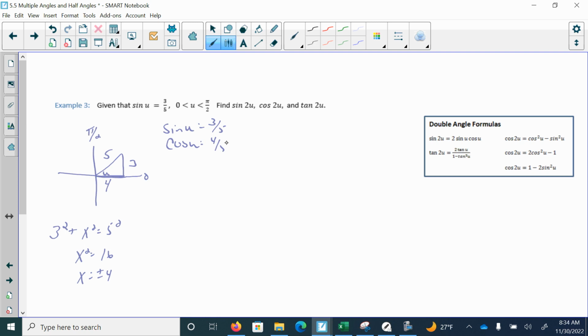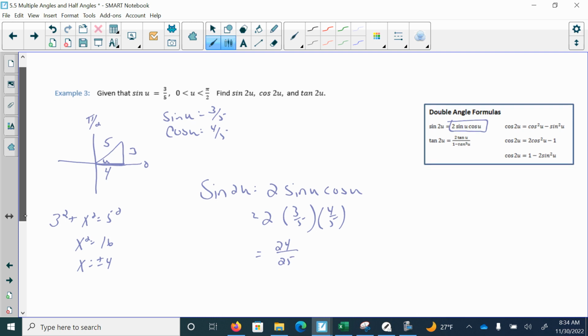Now it wants me to find the sine of 2u. I'm going to follow this formula here. The sine of 2u is equal to 2 times the sine of u times the cosine of u. So I'm going to do 2, the sine of u is 3/5, the cosine is 4/5. I'll just do that on my calculator and end up with 24/25.